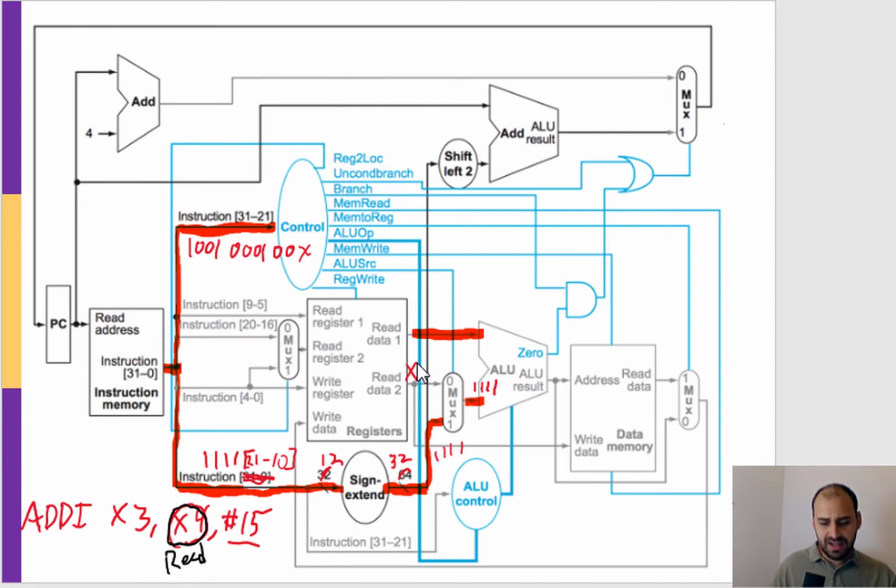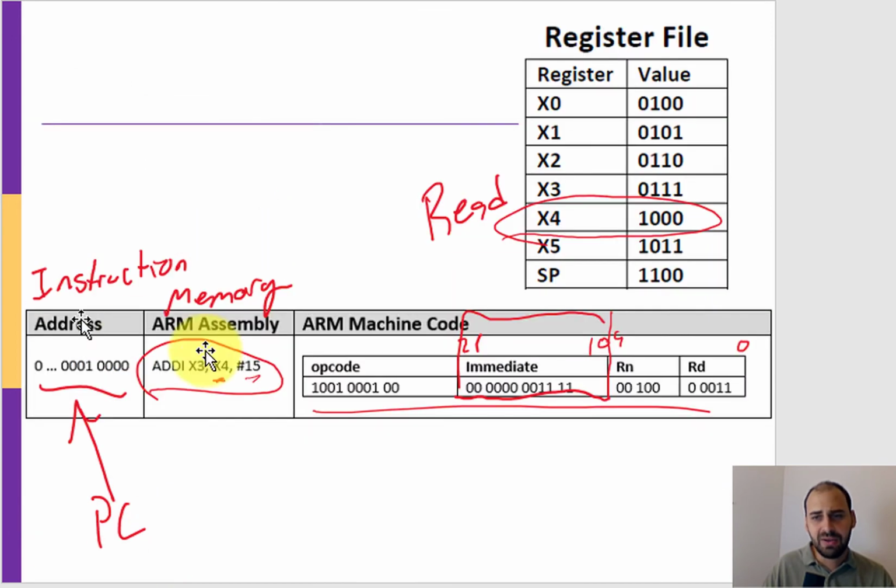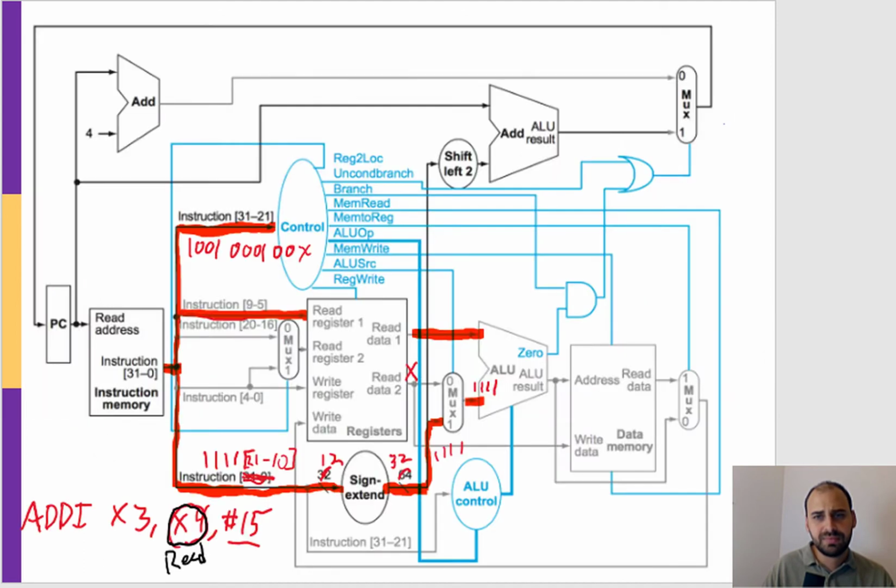So here, bits 9 through 15 should be our register 4. If we come back over here, we should see that. We look here, we see our register that we want to read from, register 4. I think I said that correctly, I'm not 100% sure, but bits 5 through 9 is register 4.